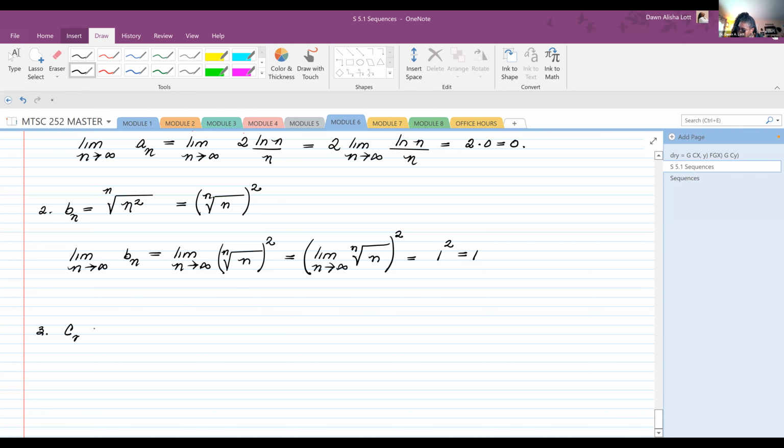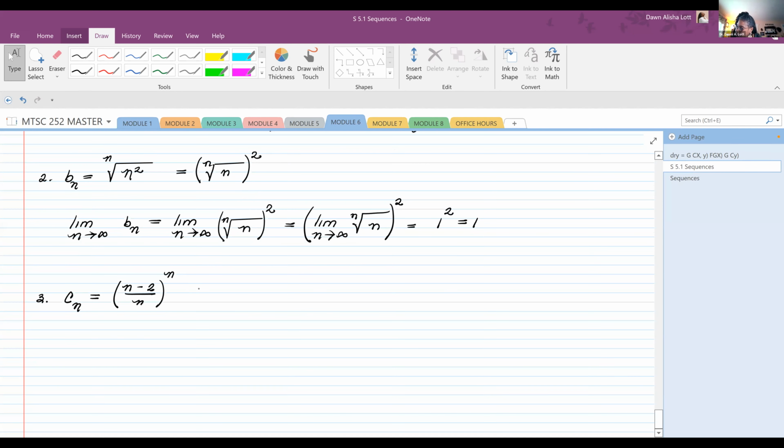c_n is the sequence defined by n minus 2 over n to the n power. So I can work with that. I can write that as 1 minus 2 over n to the n power. And so the limit as n goes to infinity of c_n is the limit as n goes to infinity of 1 minus 2 over n to the n.